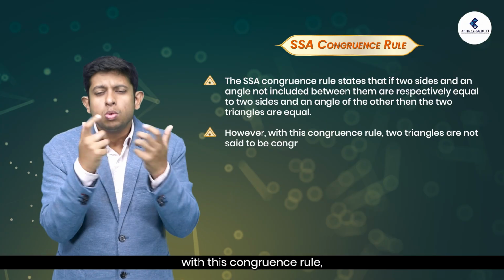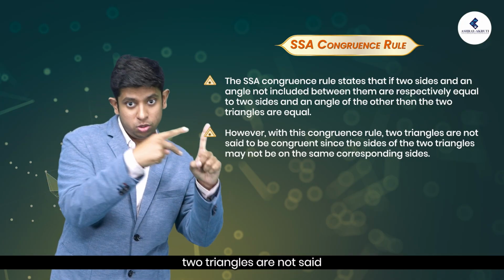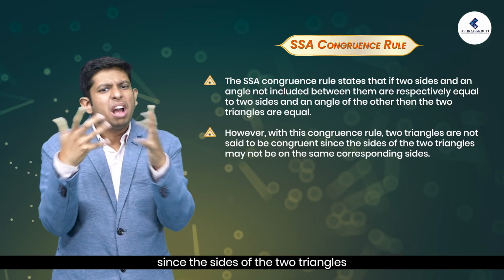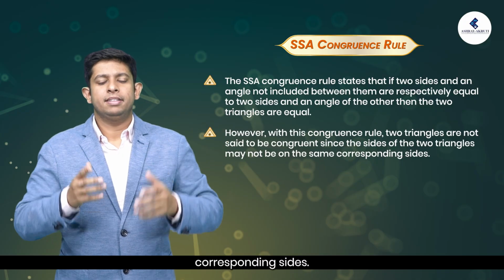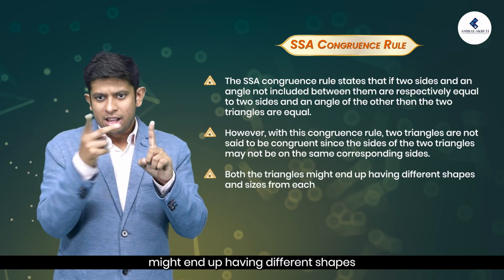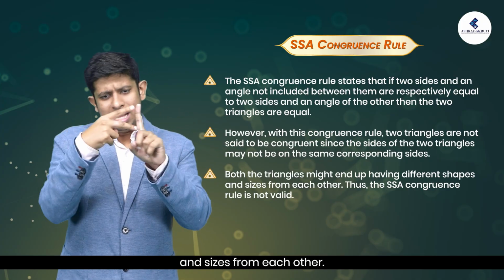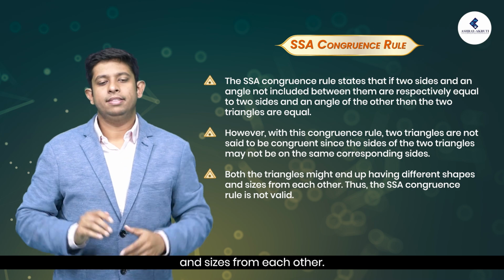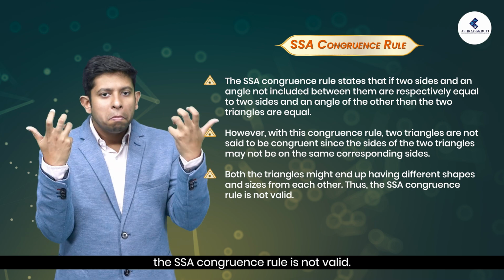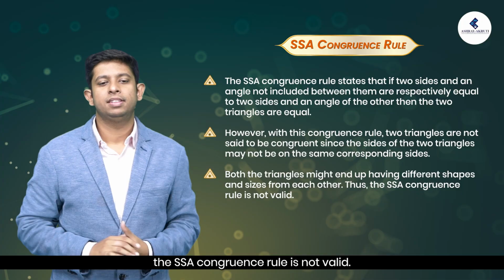However, with this congruence rule, two triangles are not said to be congruent since the sides of the two triangles may not be on the same corresponding sides. Both the triangles might end up having different shapes and sizes from each other. Thus, the side-side angle congruence rule is not valid.